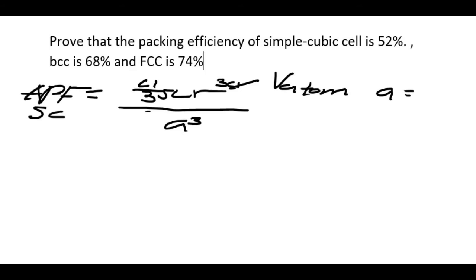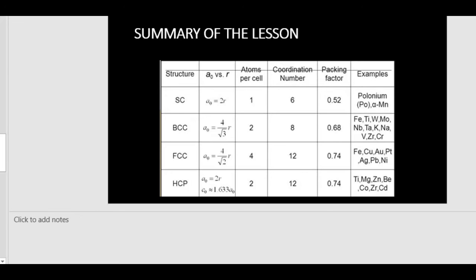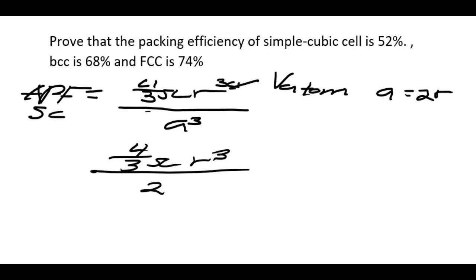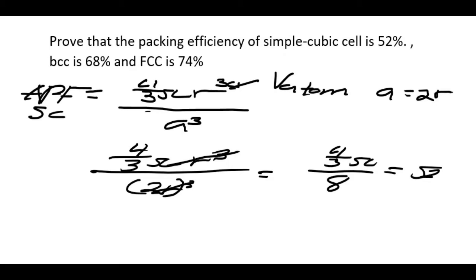Remember a while ago we said that a is 2R. Let's check it again. Yep. Now that we know that a is equal to 2R, we can substitute this here. So it would be 4 over 3 pi r cubed divided by 2R cubed. That would cancel out the radius. So that would be 4 over 3 pi over 8, and then you will get 52%. All right. Let's try.